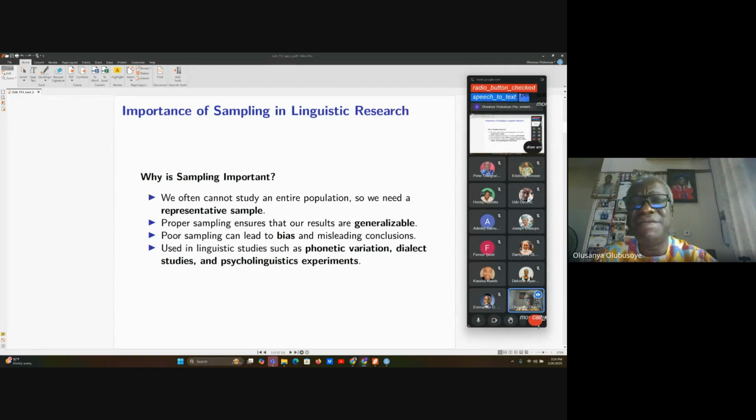Then in dialect studies, you can also employ sampling technique. In dialect studies, what are some of the issues that may be of interest? Anybody can unmute.